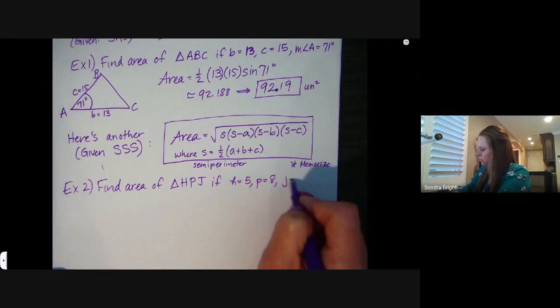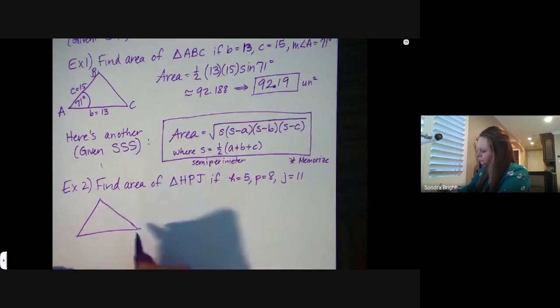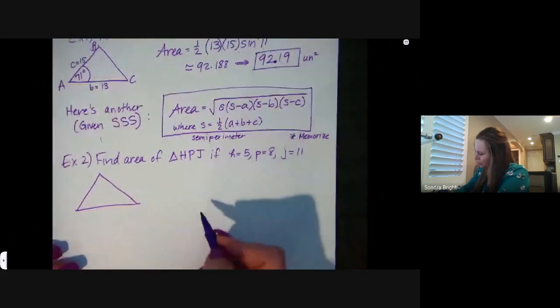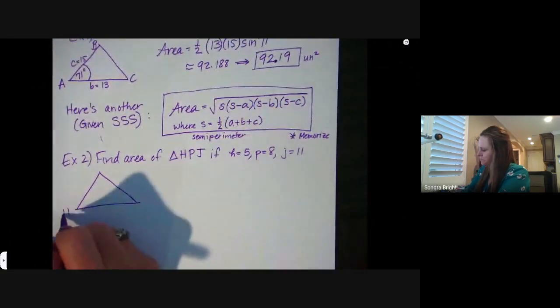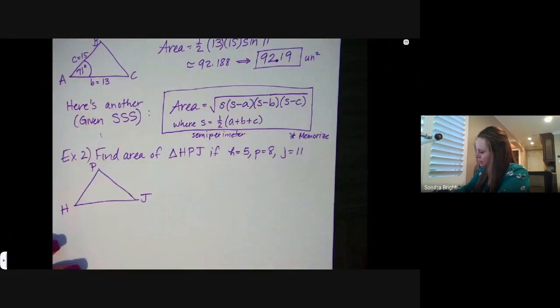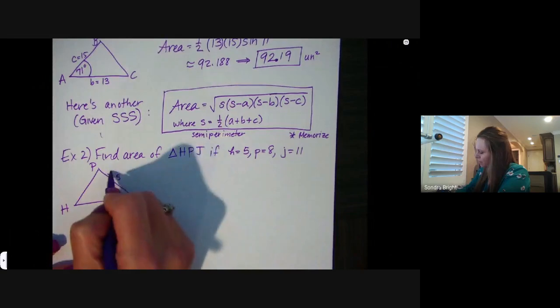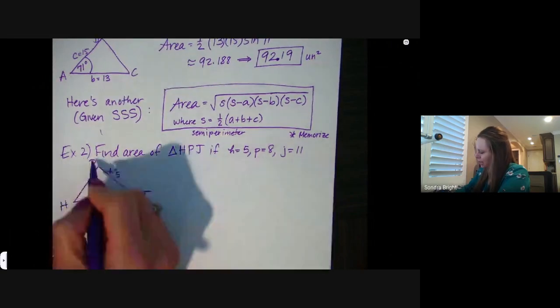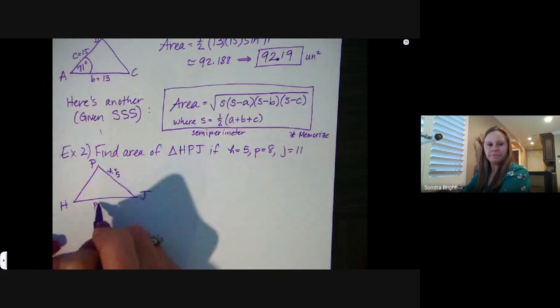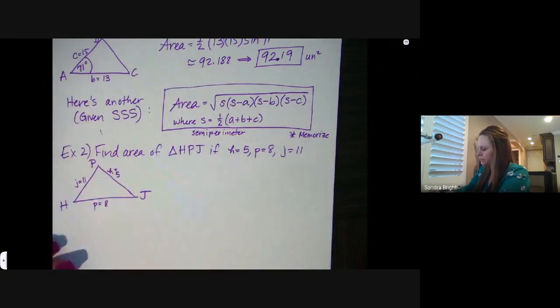I'm, of course, going to draw the triangle because it helps me figure things out. I'm going to say H, P, J. And side H is 5. This is little h. Side P would be opposite angle P, and side J would be opposite angle J.